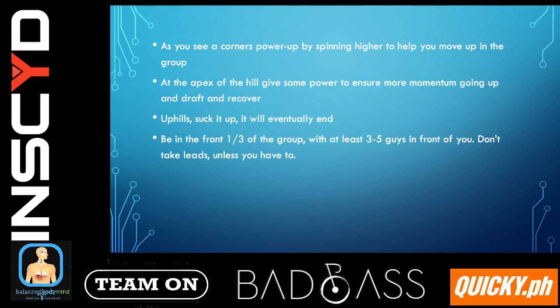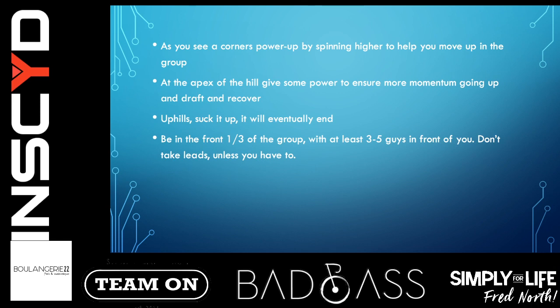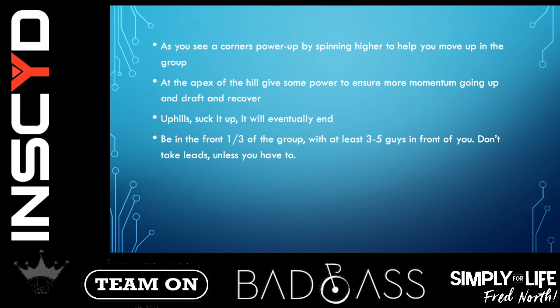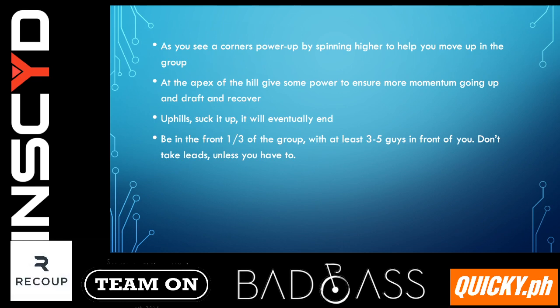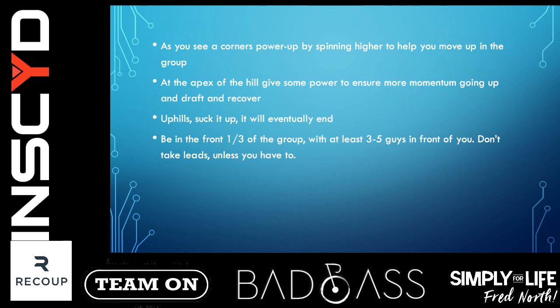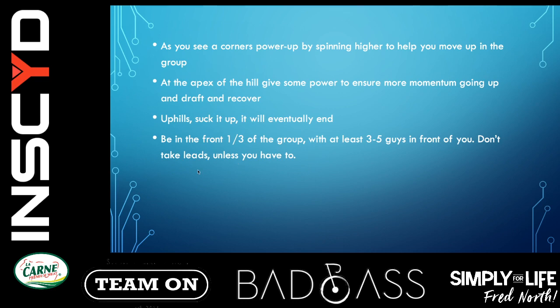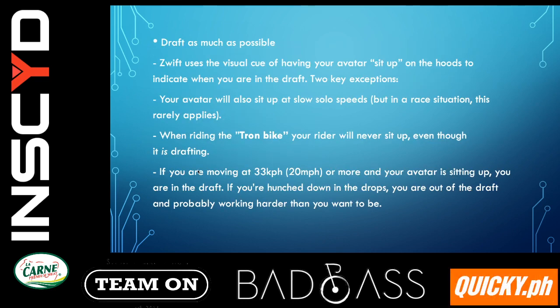Then, when you're drafting in Zwift, what I have observed when I was racing is I notice myself sitting up, and sometimes I'm on my drop bars. So I looked into it, and apparently it's a visual cue from Zwift telling you that you're in a drafting position. So this is what I have observed. So draft as much as possible.